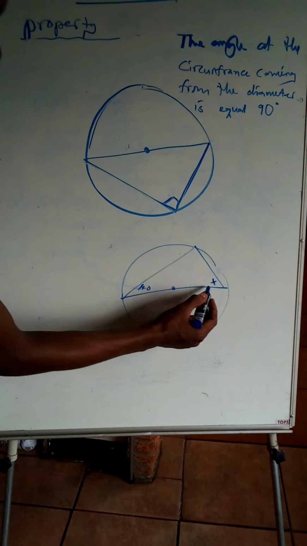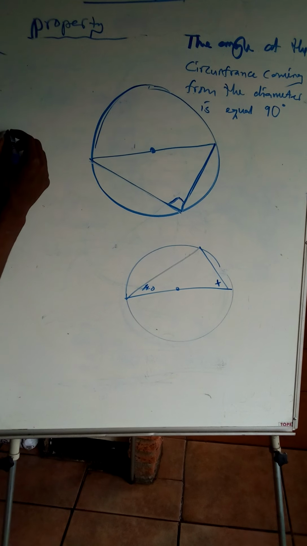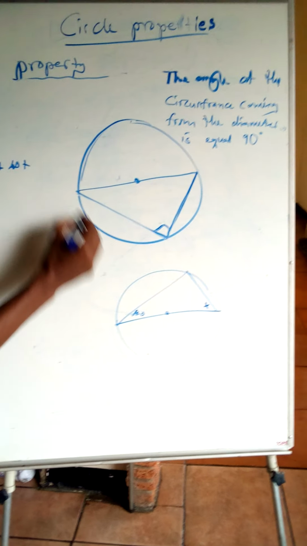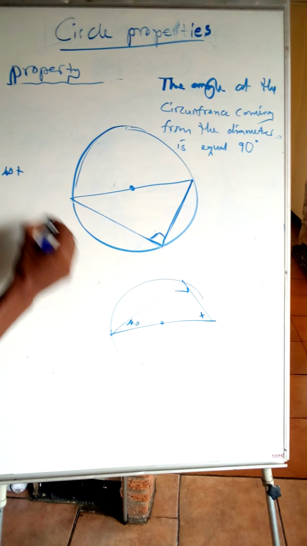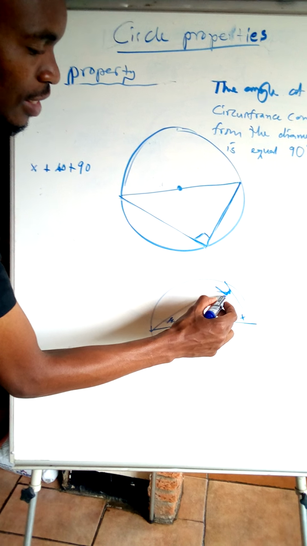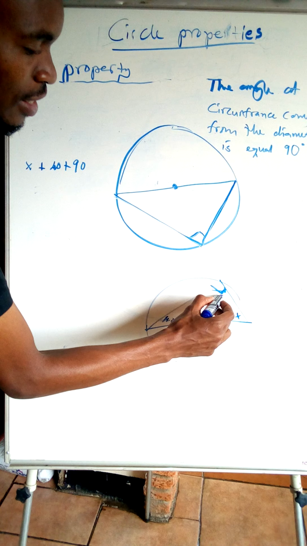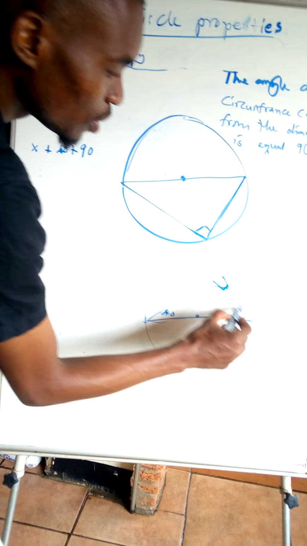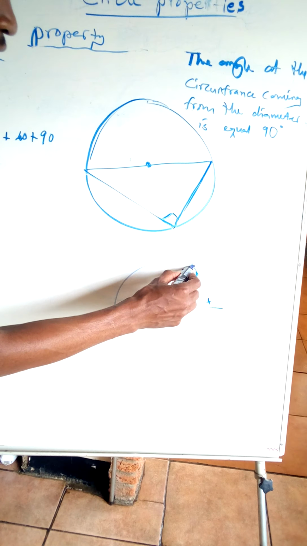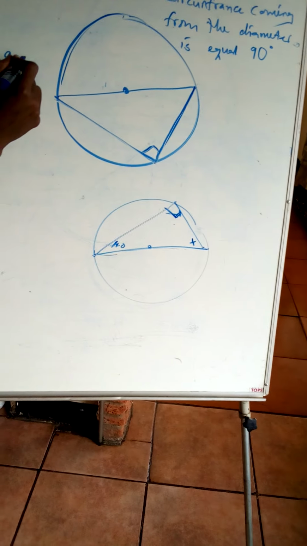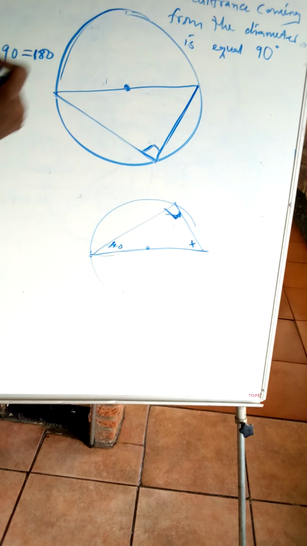Therefore we'll add everything here. We'll have our X plus 40 degrees plus 90 degrees there. Even if they haven't put 90, provided that you have a diameter passing through the center, that diameter is producing an angle at the circumference. Just know that that angle is equal to 90 degrees. So the three angles should give us 180 degrees.